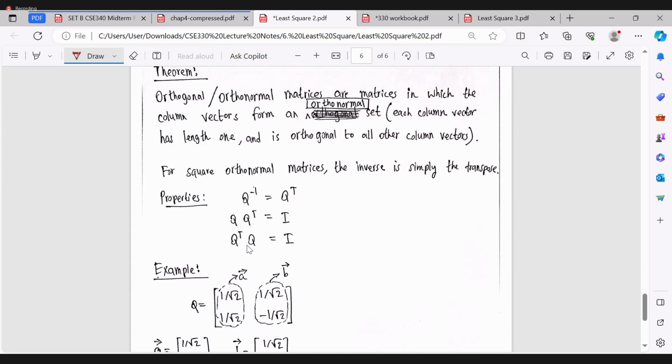That means those column vectors form an orthonormal set. And what is an orthonormal set? Each pair will be perpendicular to each other, and the length of each column vector should be 1. All of their lengths should be 1. Okay.